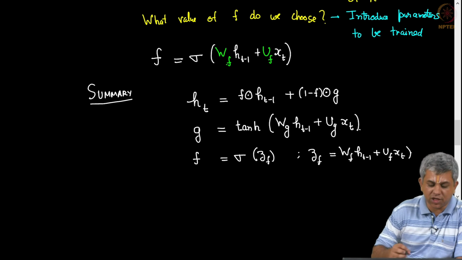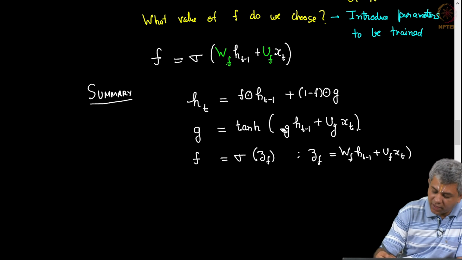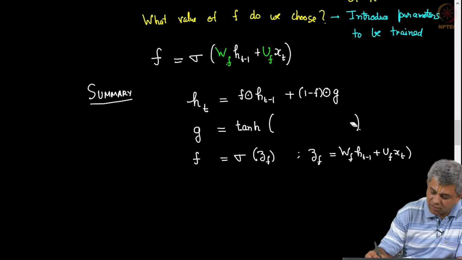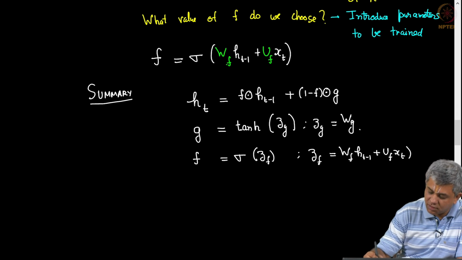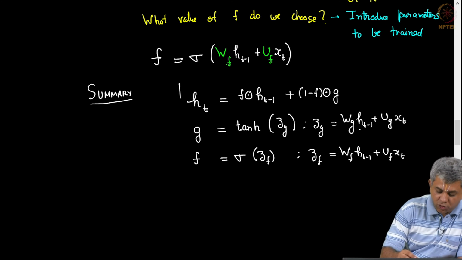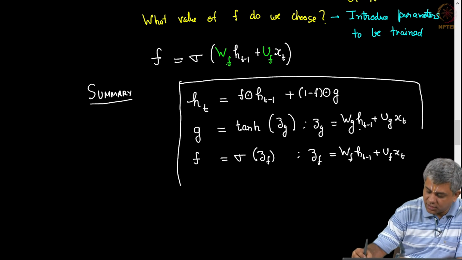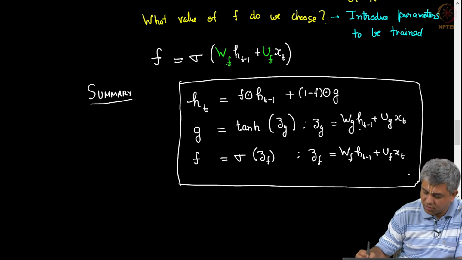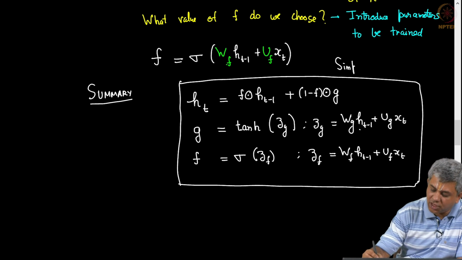In order for us to see this symmetrically, I will even erase this and call it tanh of Z_G, where Z_G is W_G H_{t-1} plus U_G X_t. So, this is essentially a simplified GRU.